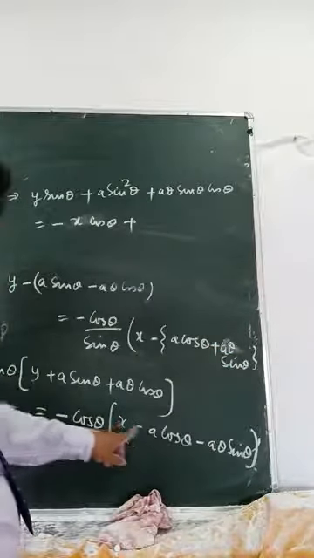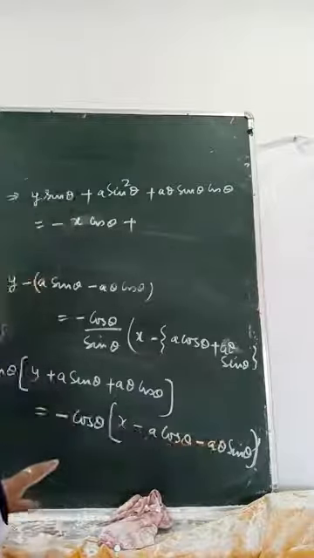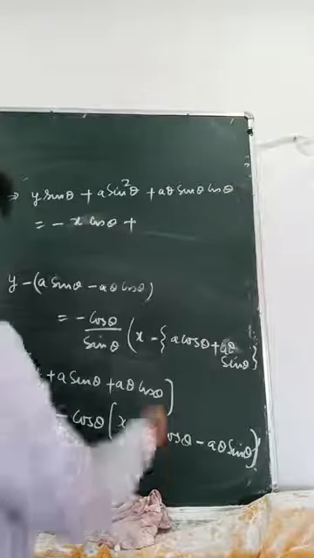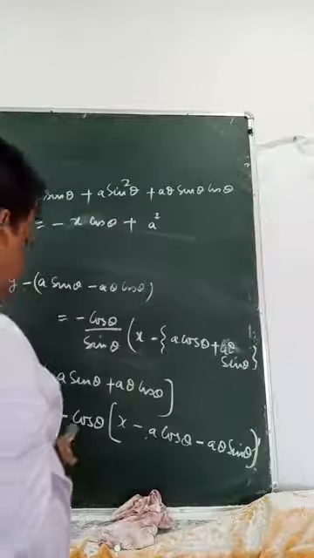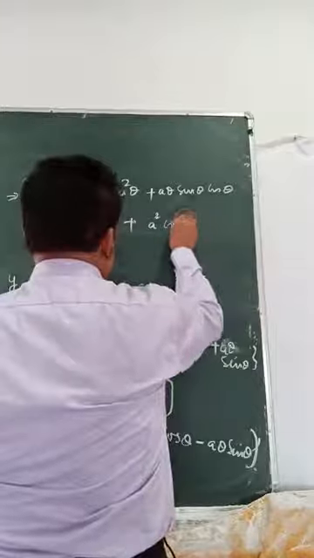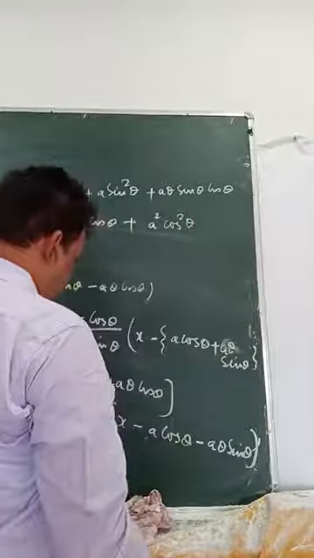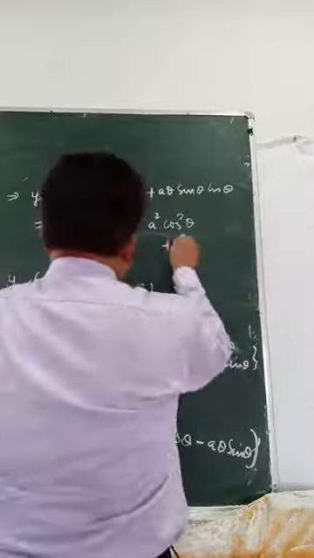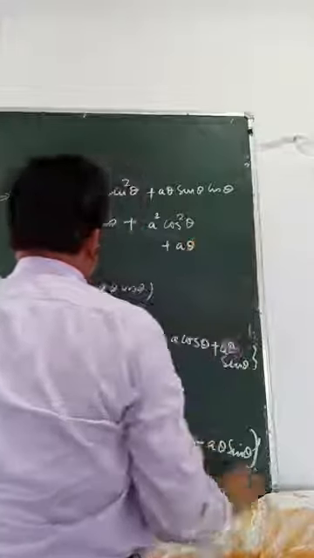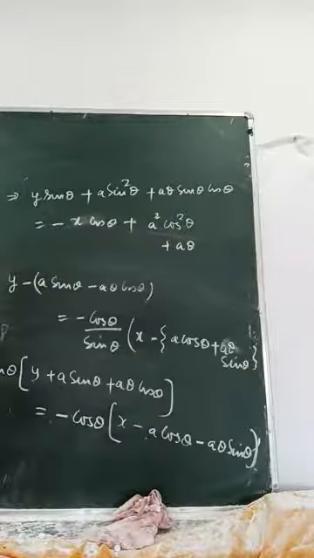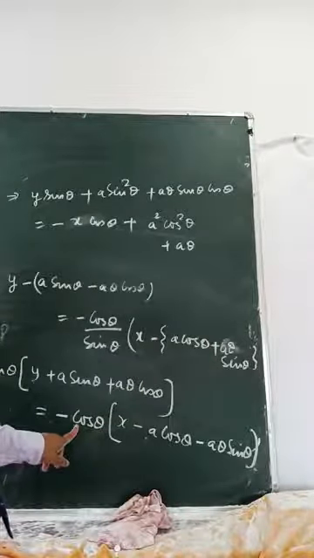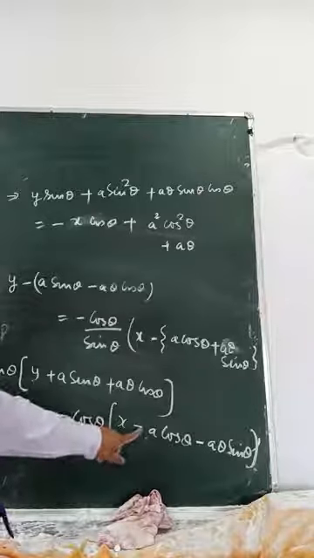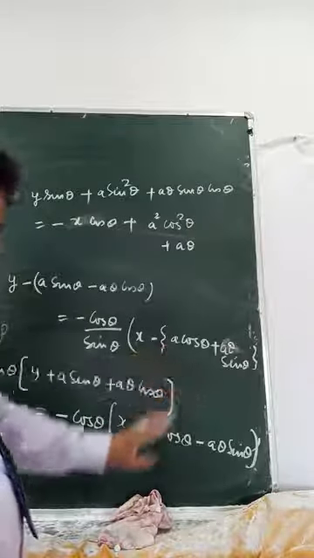So if you open it, x cos theta plus a square cos square theta... We are getting a little mistake somewhere. I think it is x minus a theta cos theta sin theta.